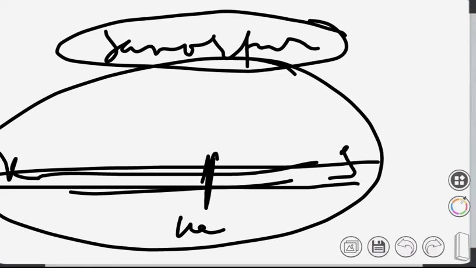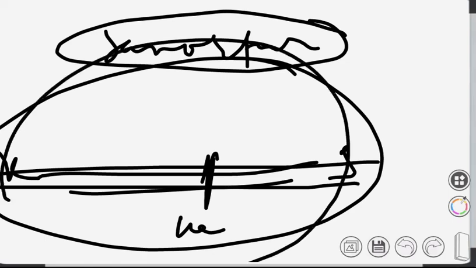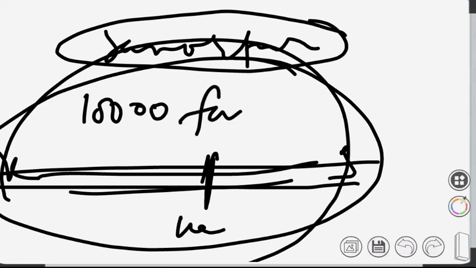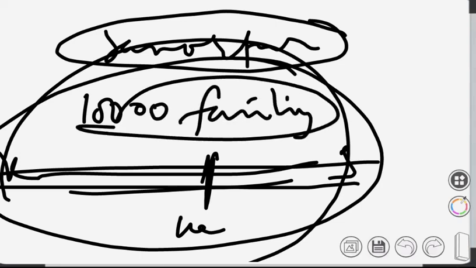In that particular area of say 2 kilometer radius, there are a number of people staying there. Suppose there are 10,000 families.